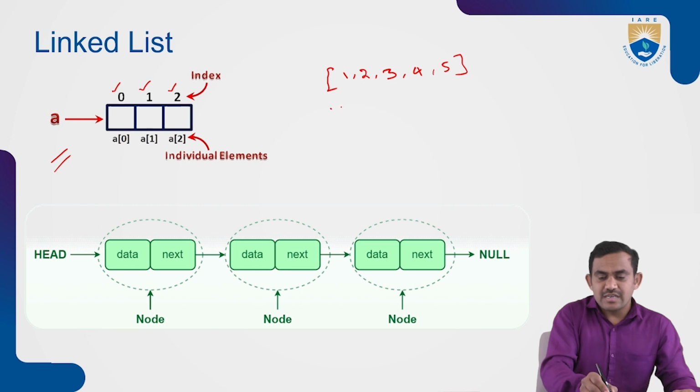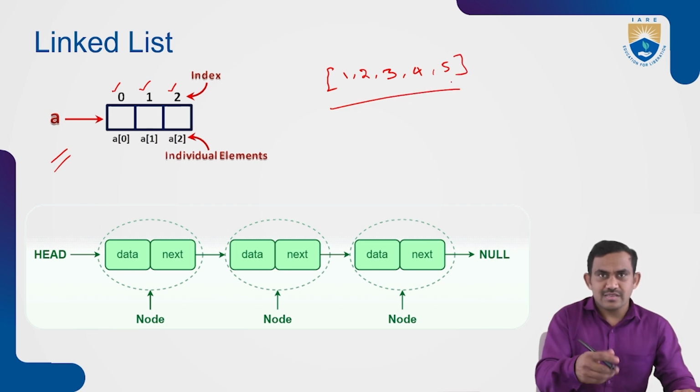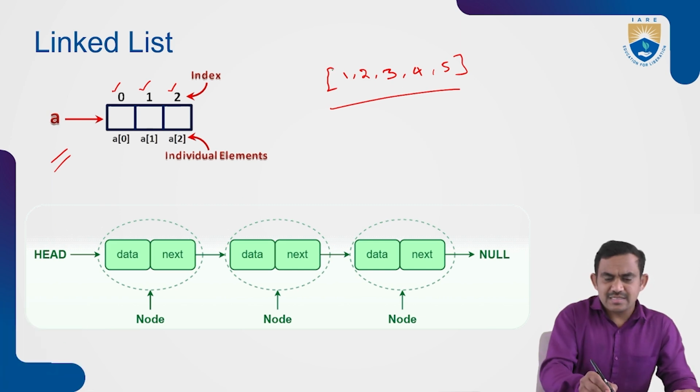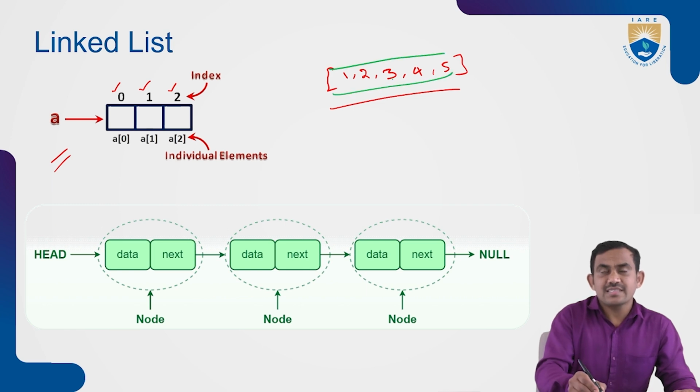This is a small example. In general, a list has indexes, and each value sits at a different index. The index values are also continuous: 0, 1, 2, 3, 4.